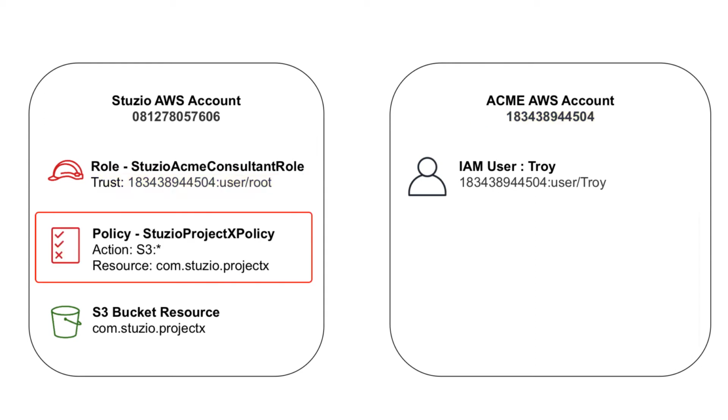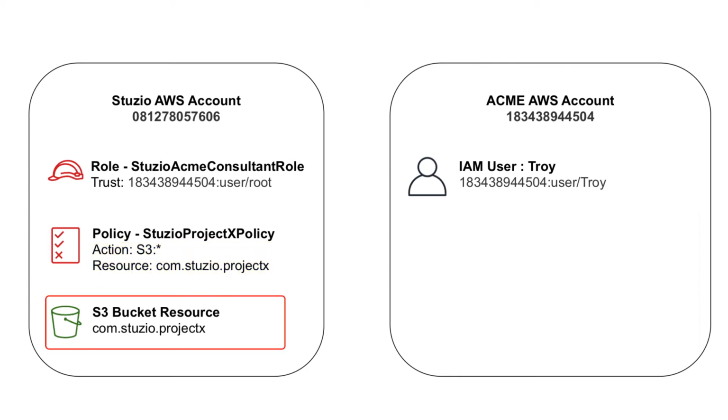The other thing that role will have is a policy called Studio Project X policy. This policy allows S3 actions on com.studio.projectx resource. And finally, we have the S3 bucket resource itself, namely com.studio.projectx. So whoever assumes the Studio Acme Consultant role will be allowed to access the Project X bucket.